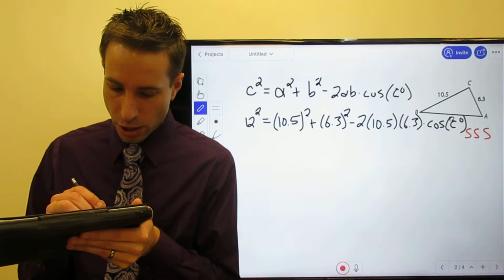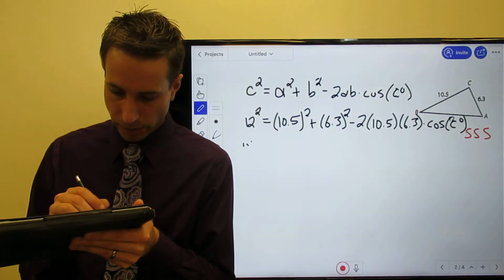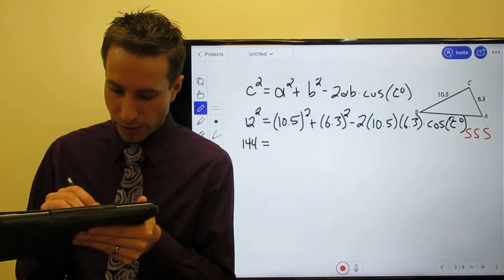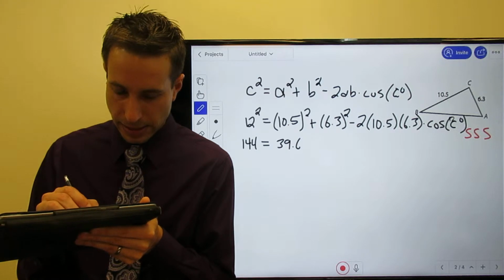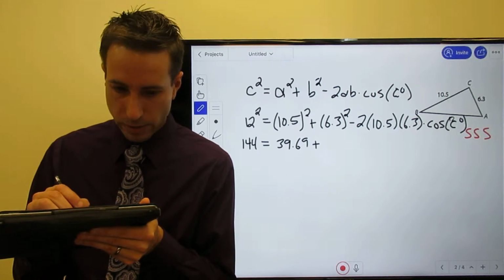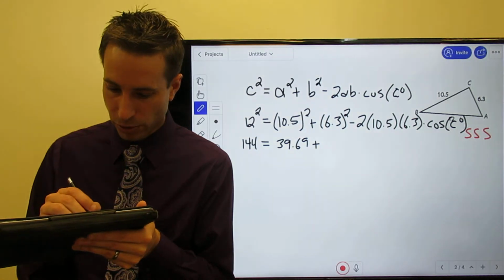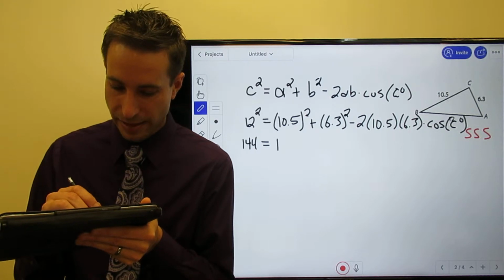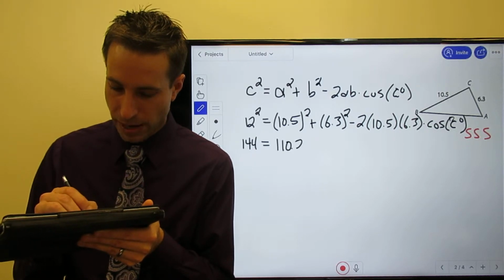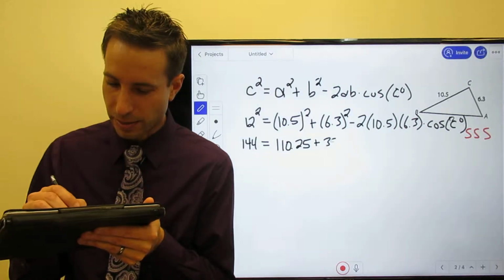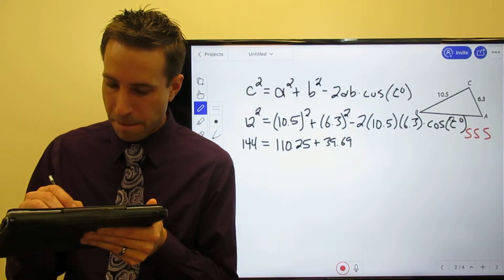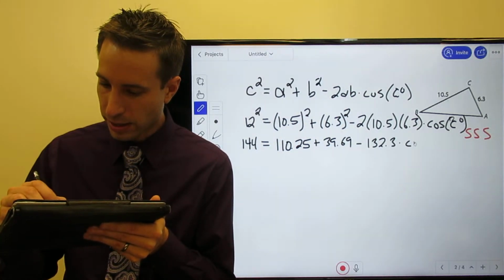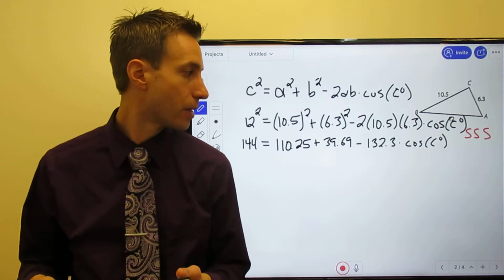Here we go. 12 squared is 144. 10.5 squared, 110.25, plus 6.3 squared, 39.69, minus 132.3 cosine of angle C. Okay, great.